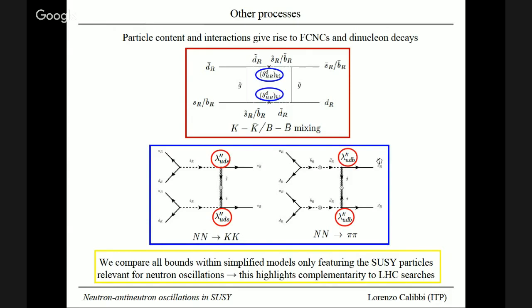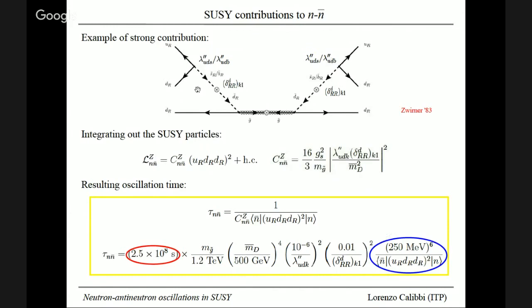So our approach was defining some simplified models. Rather than having a definite top-down SUSY breaking scenario, we just worked with a simplified model at low energy, defined only by the supersymmetric particles and interactions we need in this diagram.